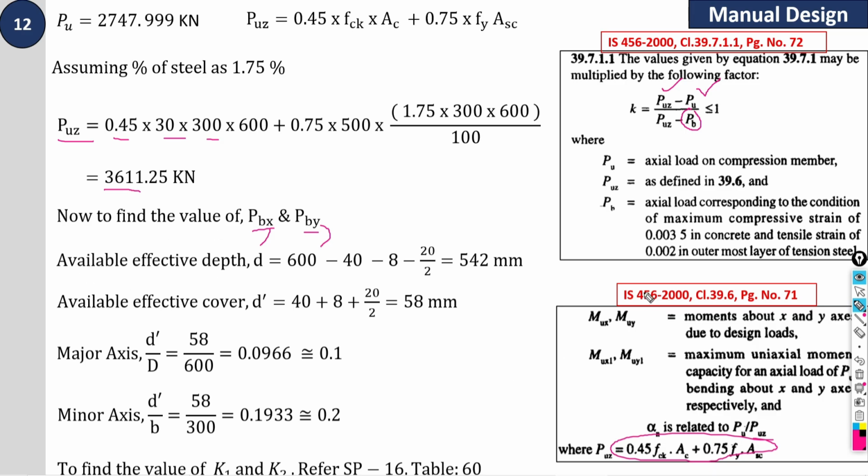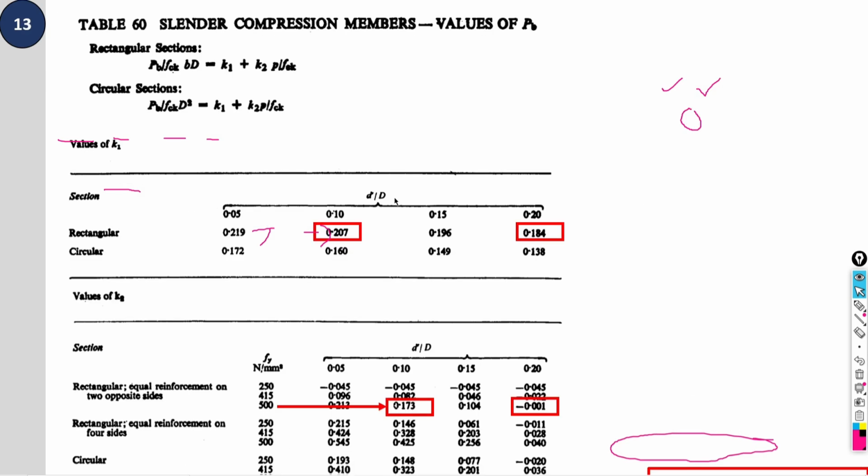The calculation of PBX and PBY is given in SP16, table number 60: PB divided by FCK B into D is equal to K1 plus K2 times the percentage of steel divided by FCK.